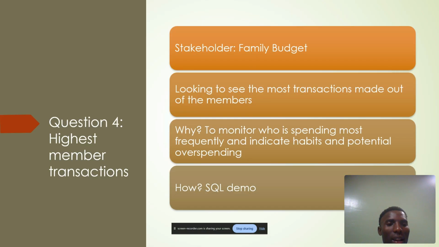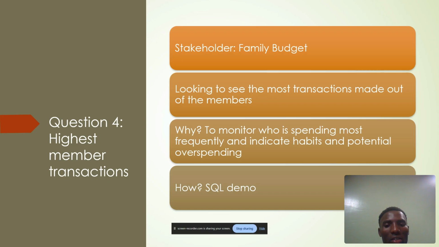You can check for the highest member transactions. The stakeholder is the family budgeter. You're looking to see the most transactions made by the members, so you'll know the highest member transactions ever made. The reason is to monitor who is spending most frequently and indicate habits and potential overspending.